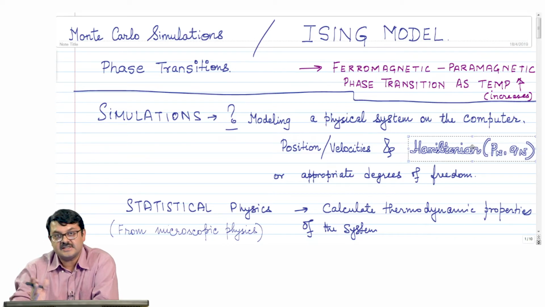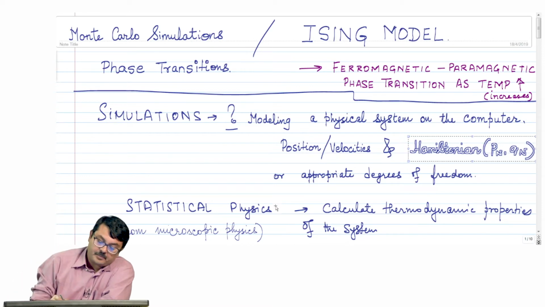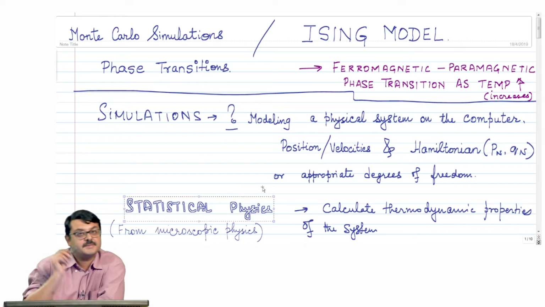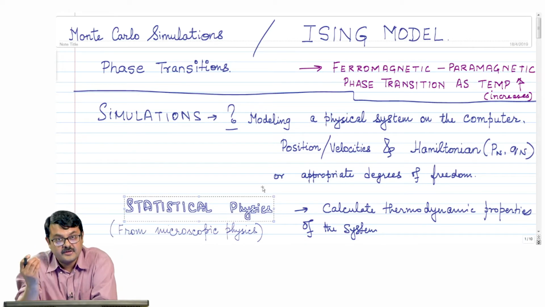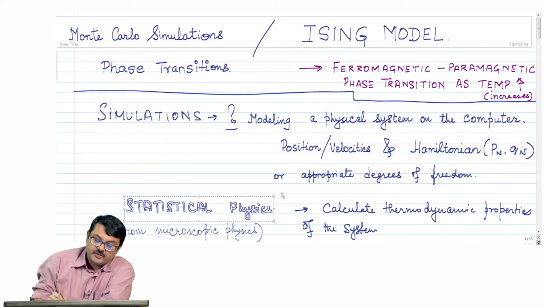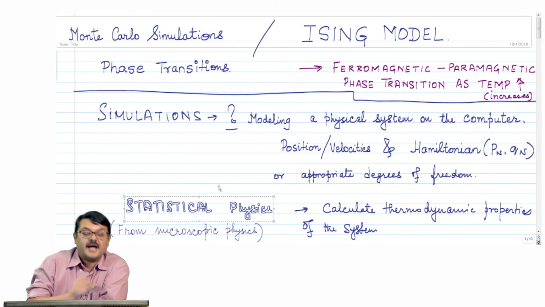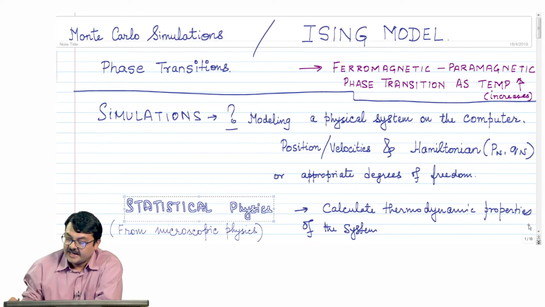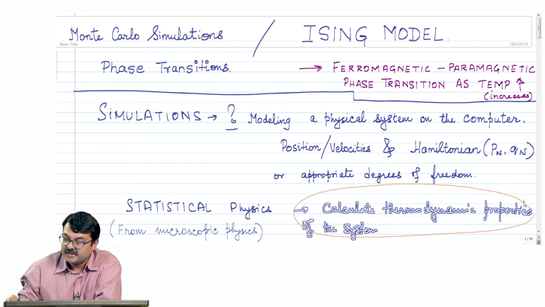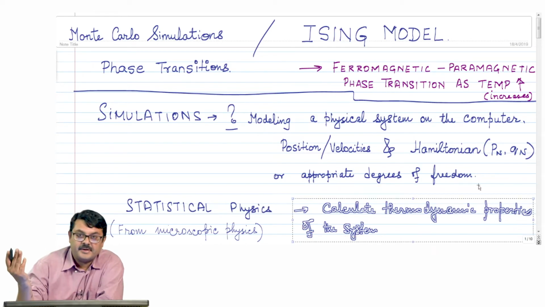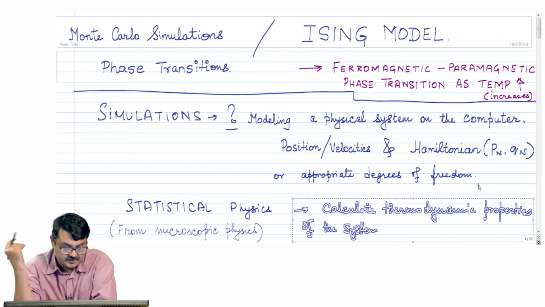They collide with each other, they change their positions, they change their velocities, and then using appropriate statistical physics. So, you have specified the microscopic degrees of freedom, and using the language of statistical physics, one can calculate thermodynamic properties of the system and then compare with nature or with experiments.